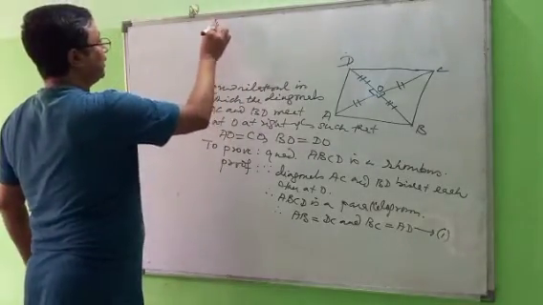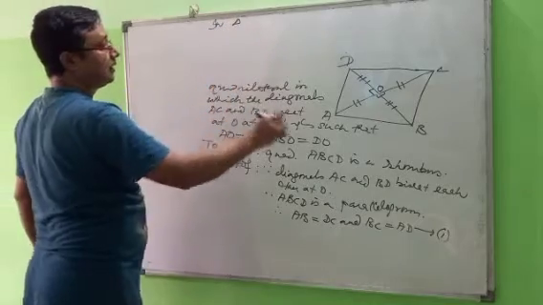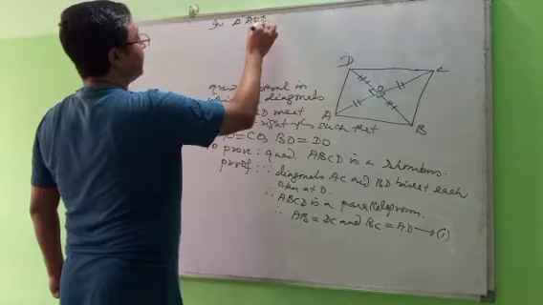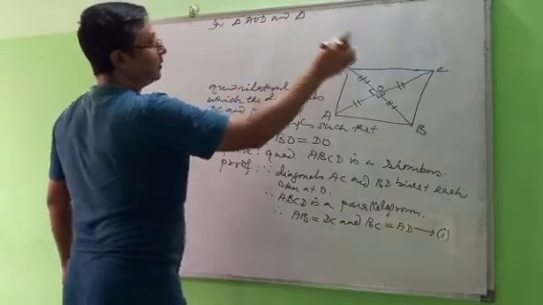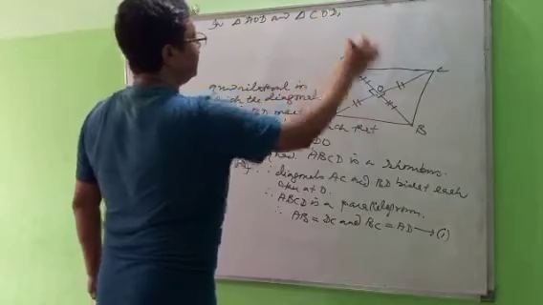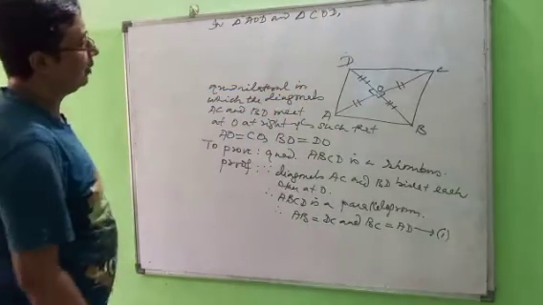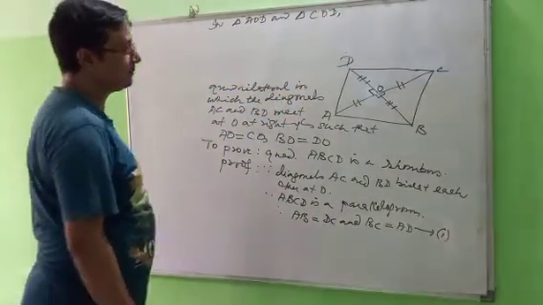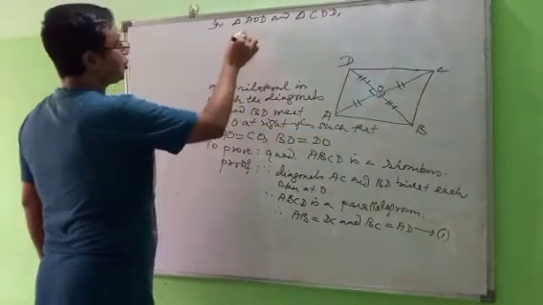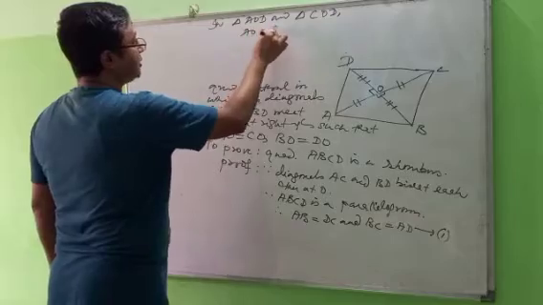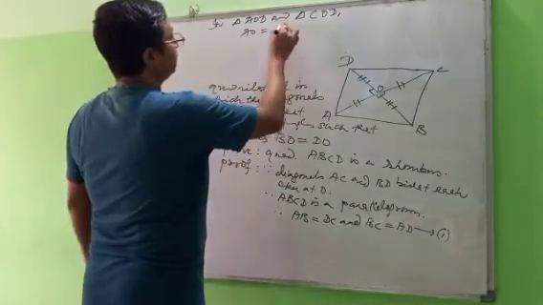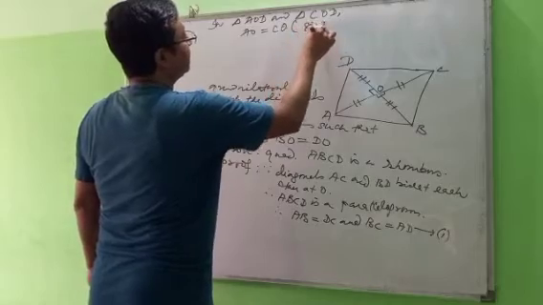Now in triangle AOD and triangle COD, you have got that the diagonals bisect. That means it is given that AO equals CO. This one is given.